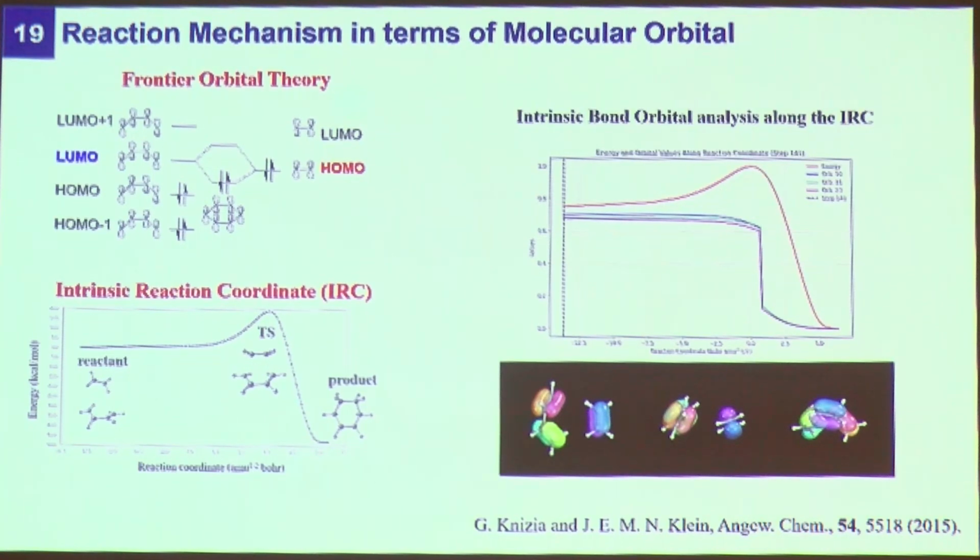So local orbitals are more intuitively understandable orbitals. And in this analysis, the initial stage and the final stage are compared, and the most changed localized orbitals are picked up. So in this case, 3 orbitals, and this is the animation.